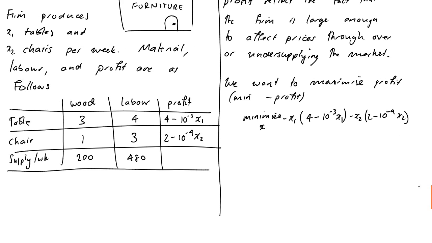Now just write that out in a more conventional way. So if we expand all these out, we're going to get 10 to the negative 3 x1 squared plus 10 to the negative 4 x2 squared minus 4x1 minus 2x2.